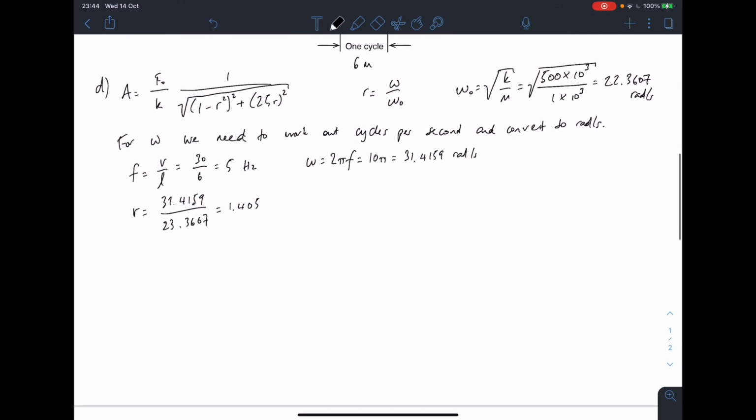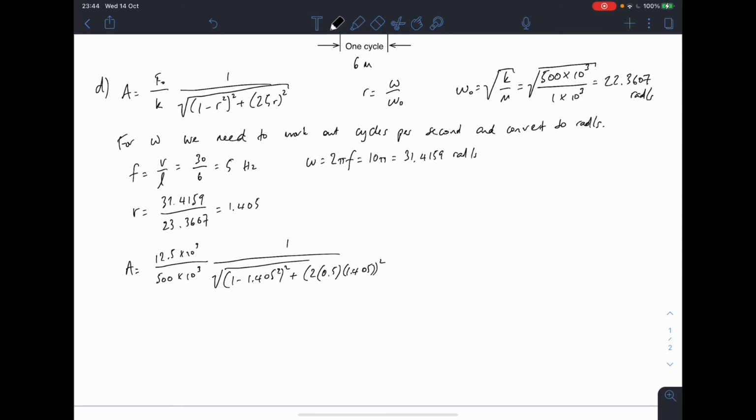And so if you plug in the numbers now, A is going to be 12.5 times 10 to the 3 divided by k, which is 500 times 10 to the 3, times 1 over the square root of 1 minus 1.405 squared, all squared, plus 2 zeta, which is 0.5, and then we've got 1.405 squared.